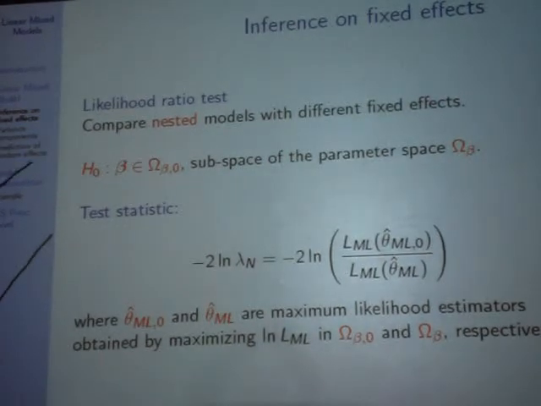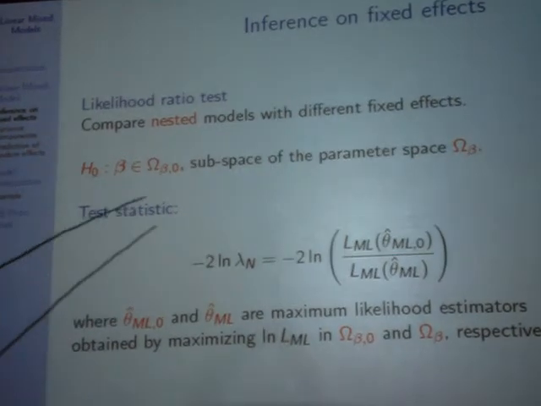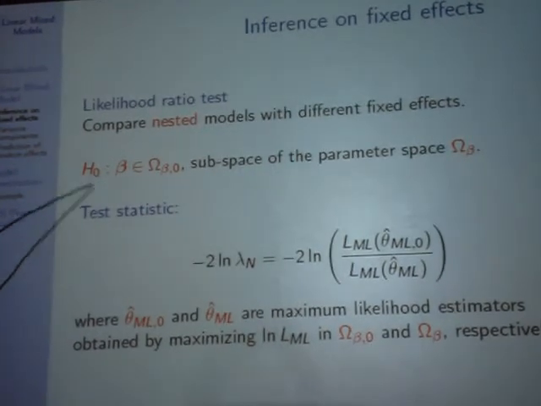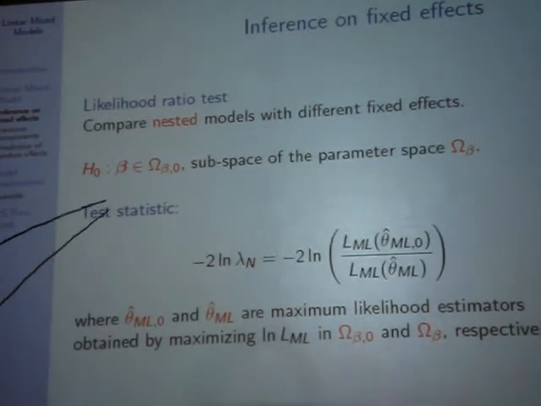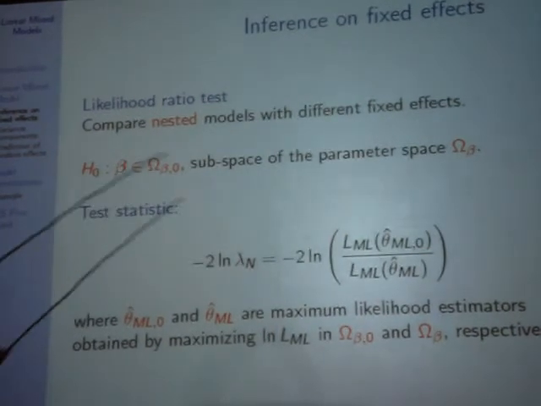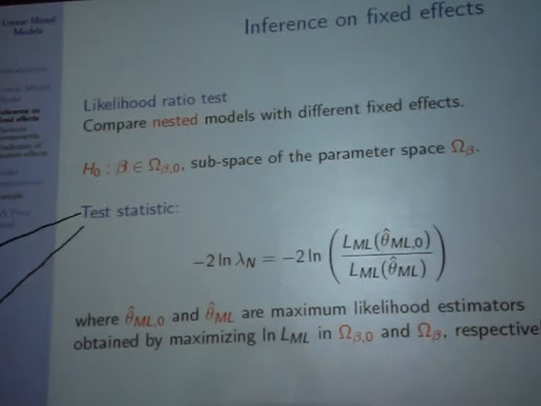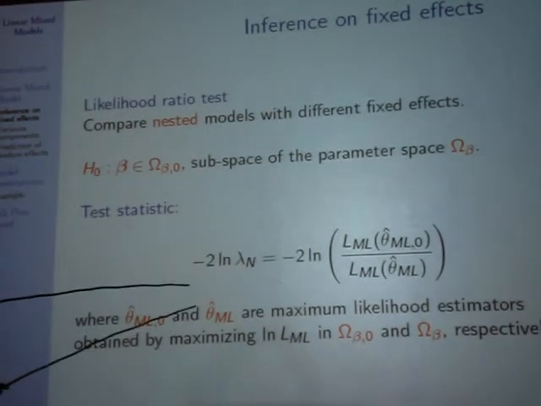Also, if you want to compare nested models with different fixed effects, for example, if you want to test the null hypothesis that the vector of parameters beta is in a subspace omega beta 0 of the total parameter space, the likelihood ratio test statistic can be written like this.